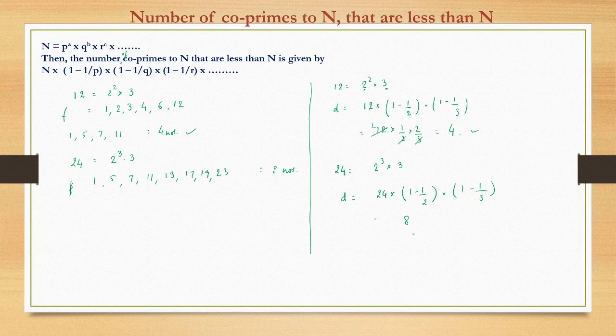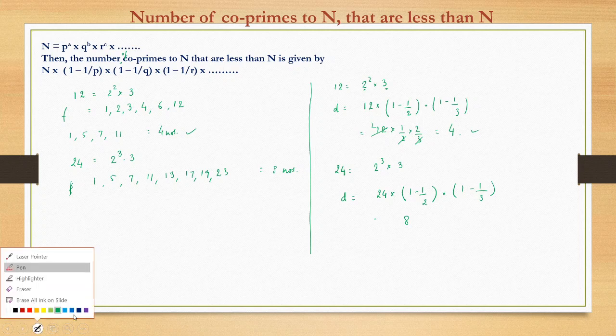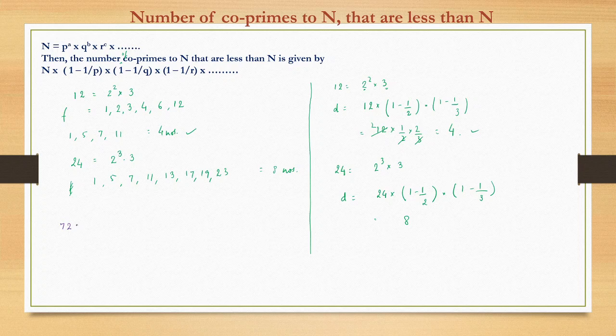So this relation is very useful. Now had we to find for 72, suppose 72 is really a big number, we can write this as 2 cube into 3 square. So the number of numbers which are less than 72 and co-prime to 72 will be given as 72 into 1 minus 1 upon the first prime factor, which is 2, into 1 minus 1 upon the second prime factor, which is 3.